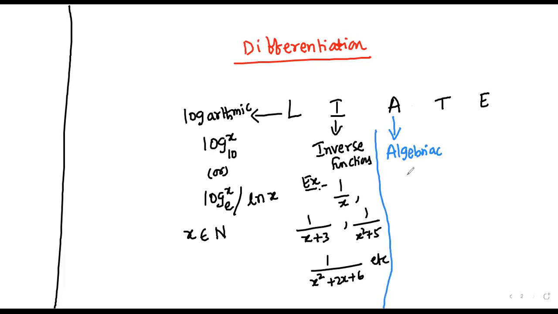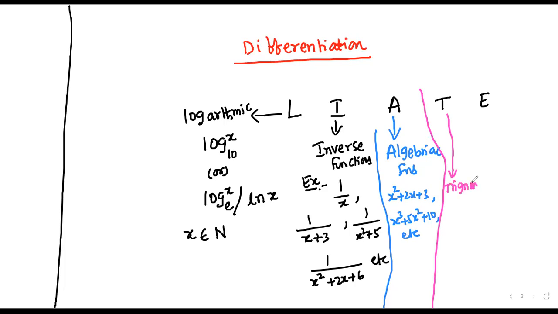Next, A means algebraic functions, like x square plus 2x plus 3 or x cube plus 5x square plus 10, etc. Next one, T means trigonometric functions, like sine theta, cos theta, tan theta, and then the reciprocals of the above functions: cosecant theta, secant theta, cot theta.